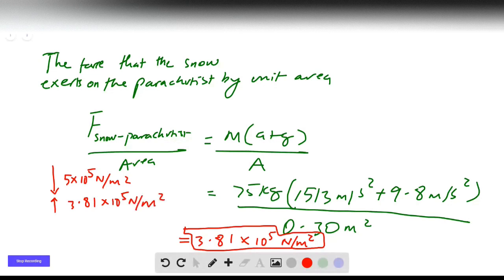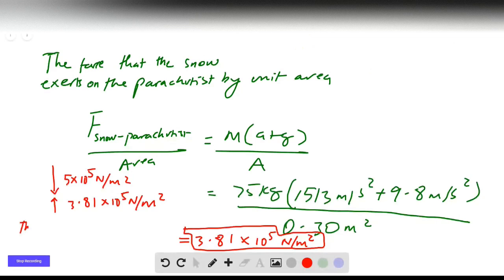So it means that the average force is less than the ultimate strength of the body tissue.